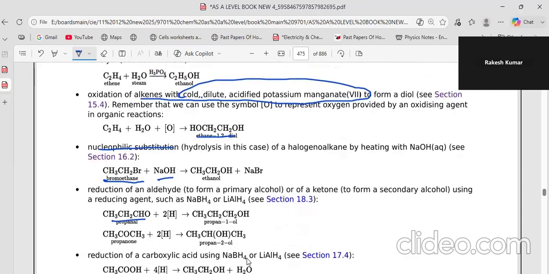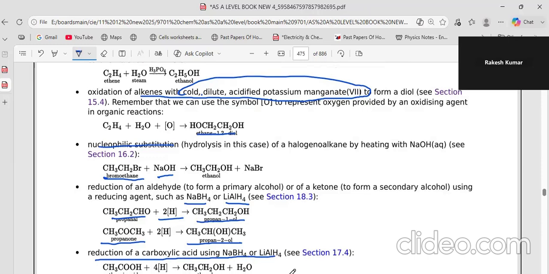Aldehydes can be reduced to give primary alcohols, and ketones secondary alcohols. And reduction is done by NaBH4. These are good reducing agents. And even the reduction of carboxylic acid will give you this. So first it converts to aldehyde, and then to ethanol.